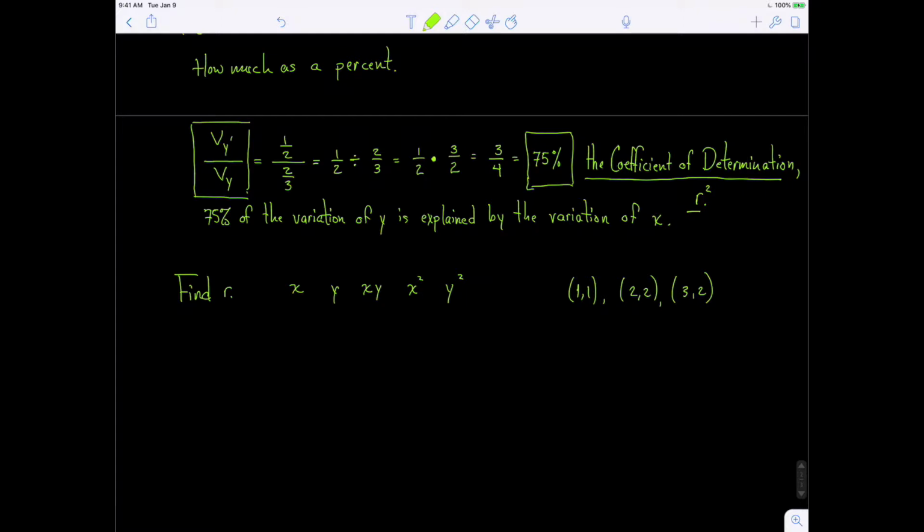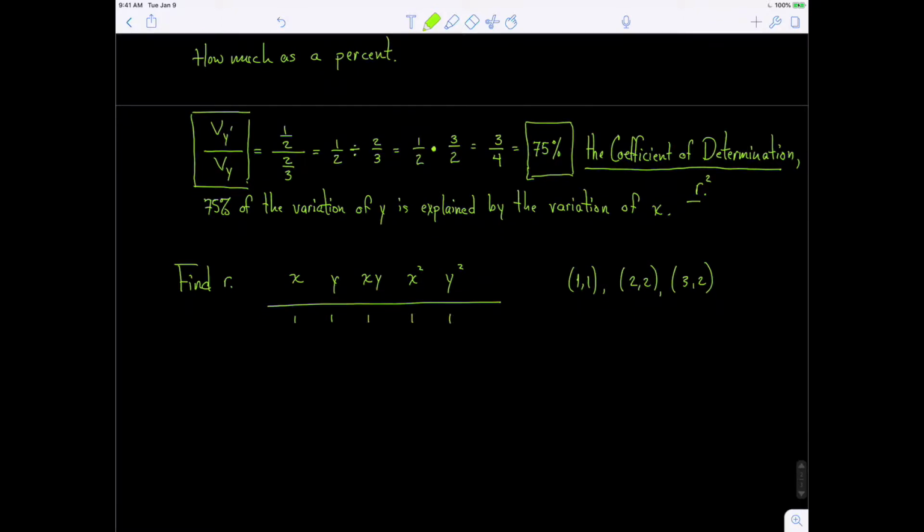So we have 1, 1, which gives a product of 1, x squared is 1, y squared is 1. Our next one was 2, 2, so that's 4, 4, 4. And our last point is 3, 2, which is 6, 9, and 4.